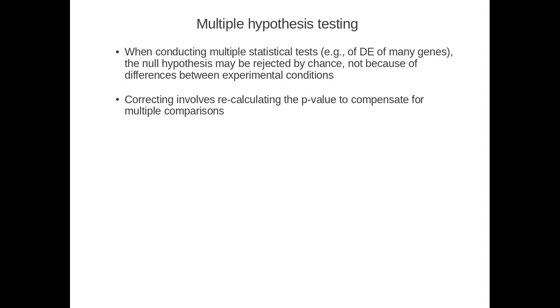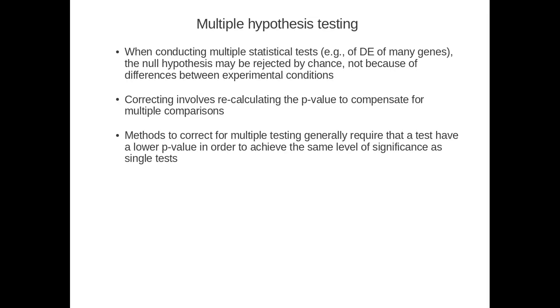So when we conduct very large numbers of statistical tests, this becomes a particular problem, and we have to eventually recalculate the p-value to compensate for the multiple comparisons. That's effectively how we deal with this multiple testing problem: we apply some method that will adjust our p-values to make them less susceptible to this multiple comparisons problem.